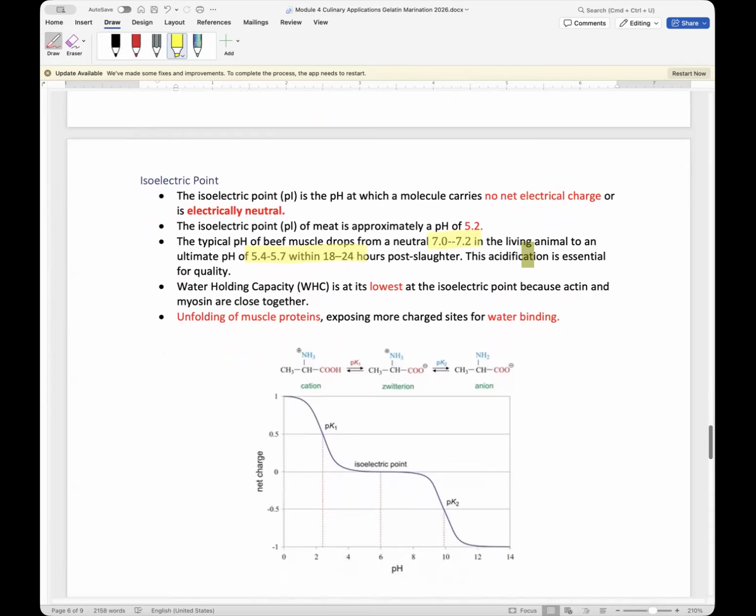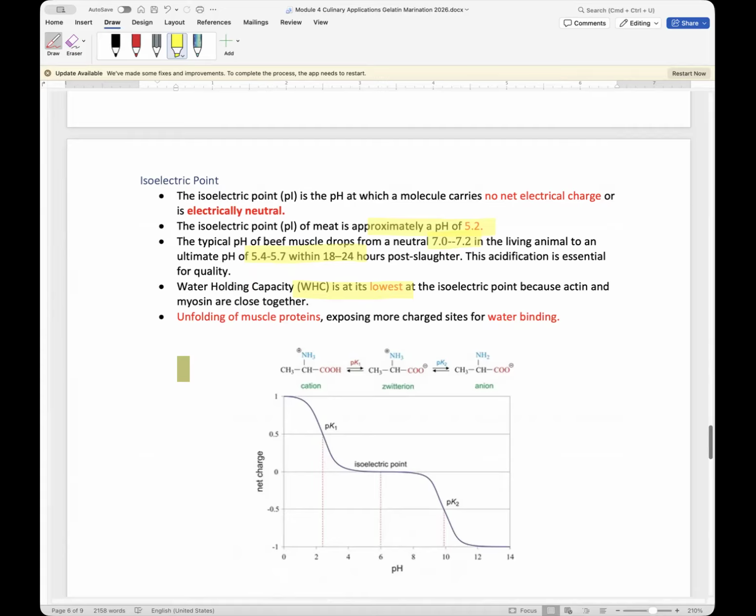But the problem is that the isoelectric point, which is also called the pI, is where the water holding capacity is the lowest. So the water holding capacity is the lowest at this 5.4 to 5.7 pH.